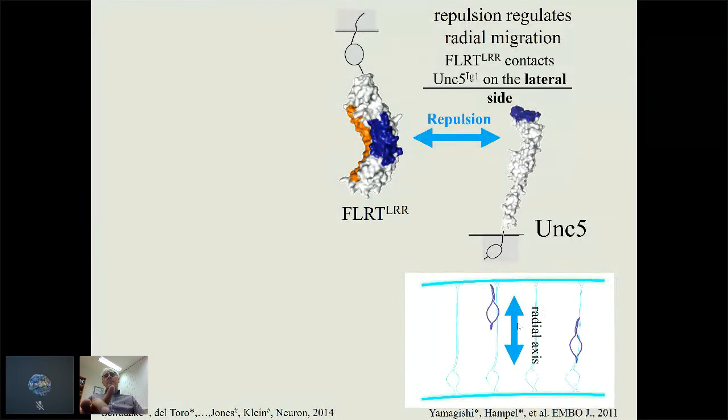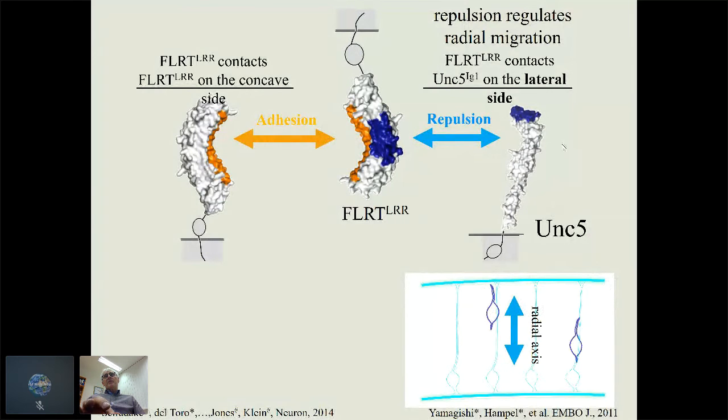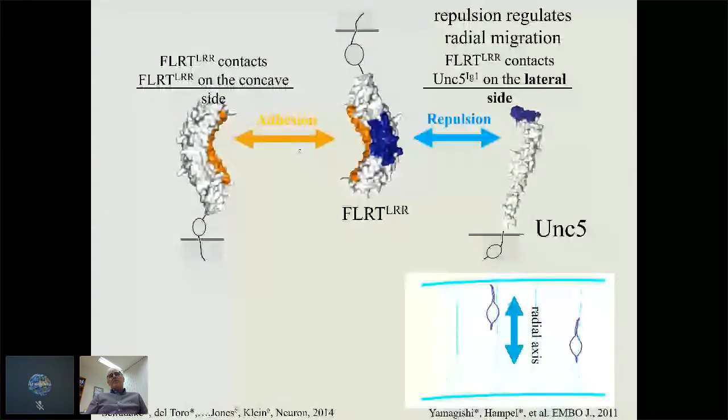Now, Elena also mapped the part of the leucine-rich domain of FLRTs with which they engage in homophilic interactions. So one FLRT interacting with another FLRT on an opposing cell. It's a different interface.